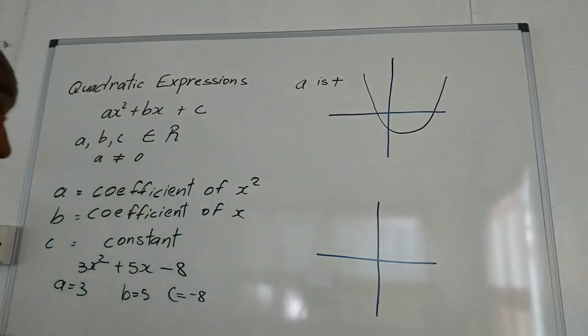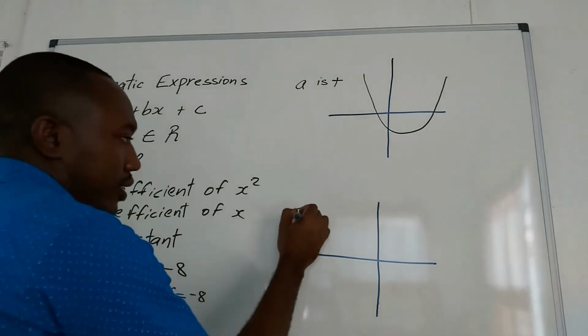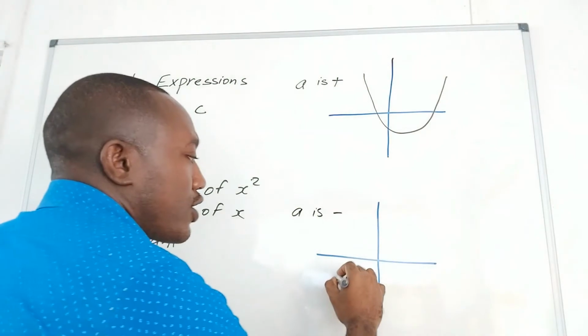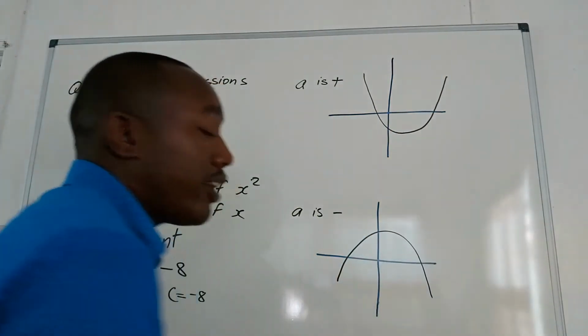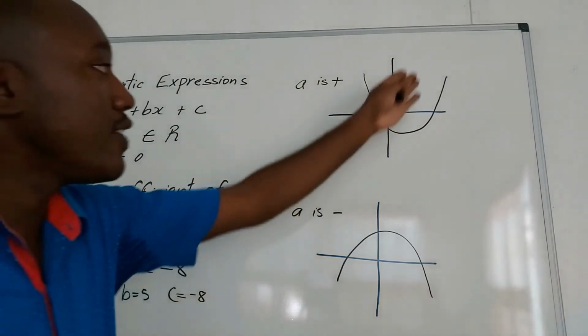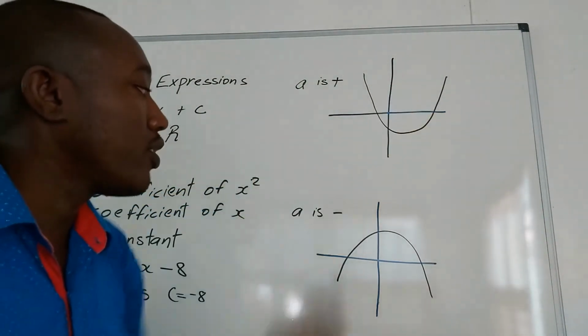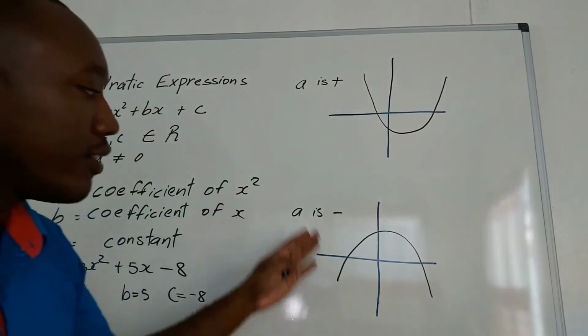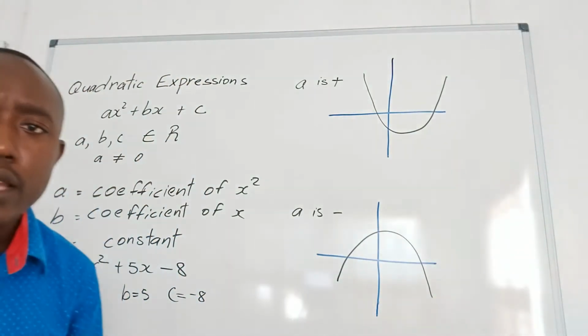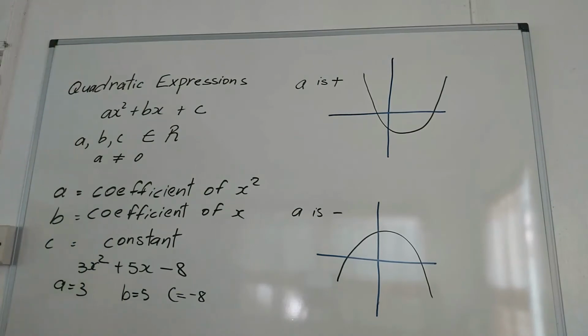Now, if a is negative, it will be upside down. It will give us a frown. So if a is positive, it gives us a smile; if a is negative, it gives us a frown. That's the shape of the curve.